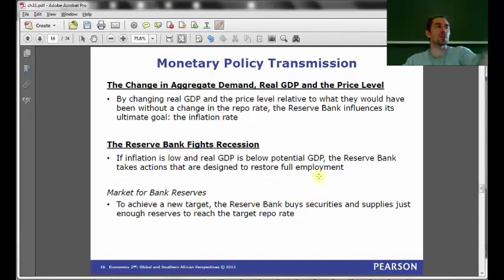When it buys securities, it puts money into the market. It increases the money supply, right? It buys securities and supplies just enough reserves. It puts money into the system through reserves, which lowers the repo rate. Okay?